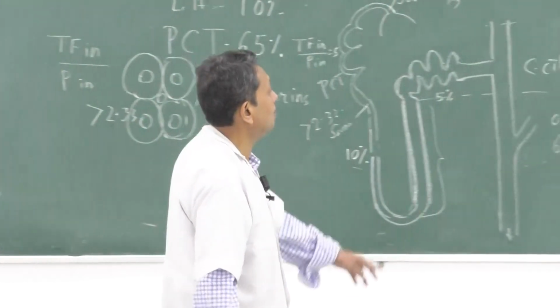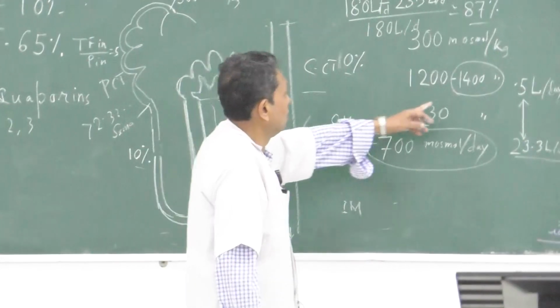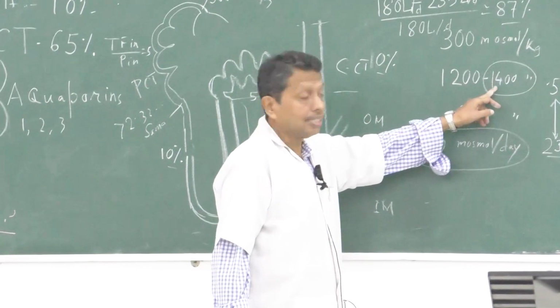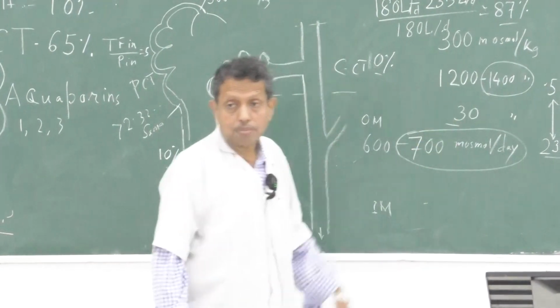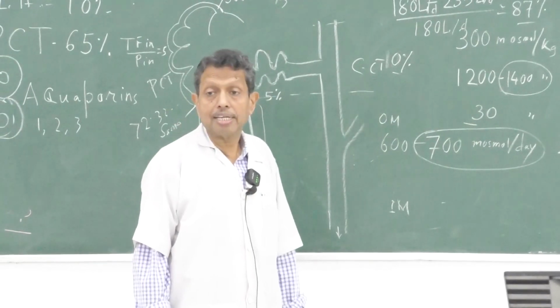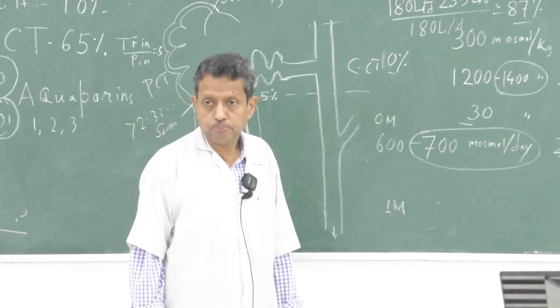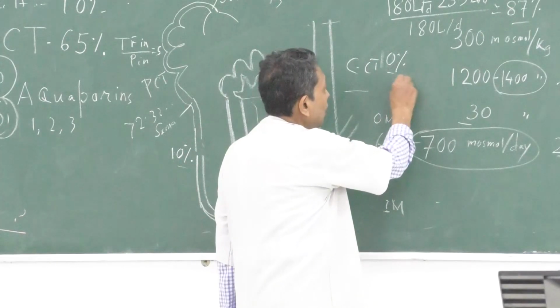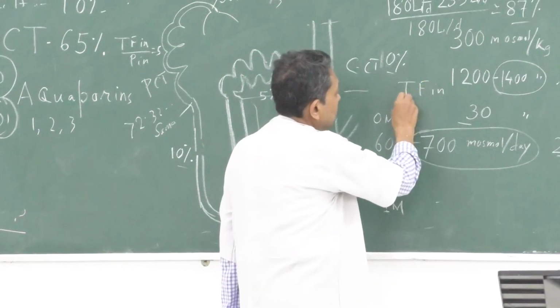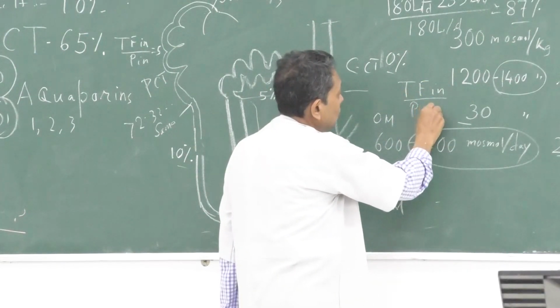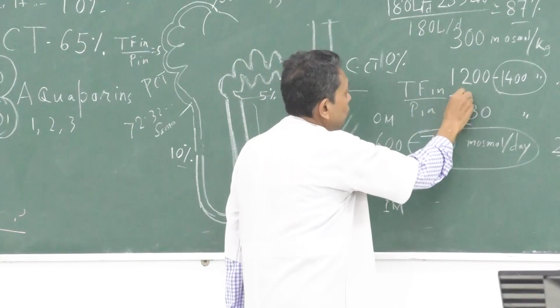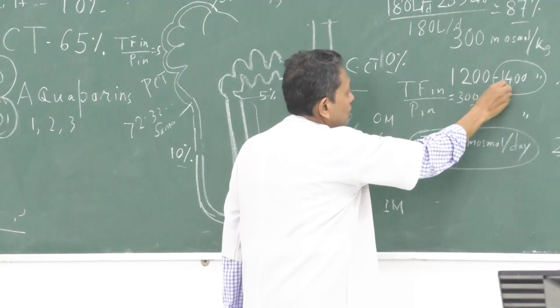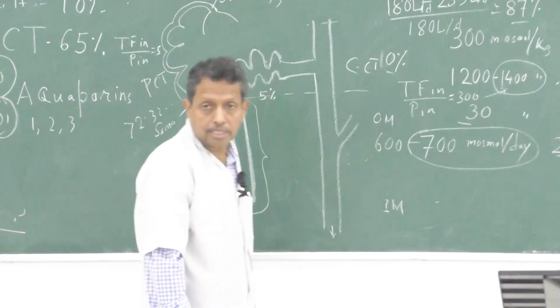So when this is this value 1400, in that case tubular fluid inulin plasma inulin ratio is 300 or so. Whenever this condition is produced, it is highly concentrated.